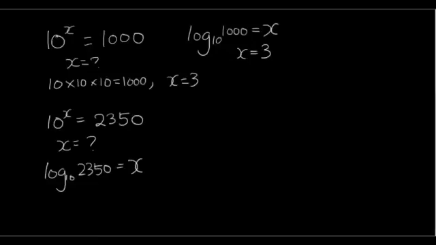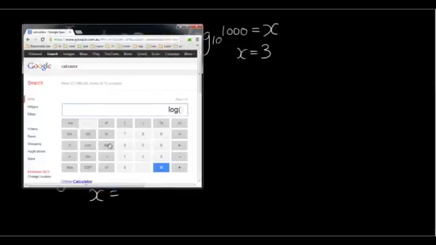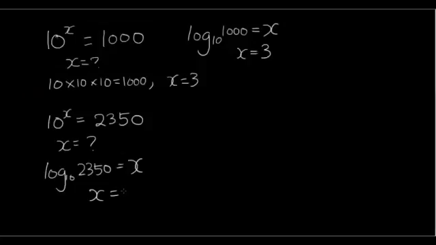So we type that in the calculator: x equals log 2350, and the answer is 3.37. So now we can solve any indicial equation where the base is 10: 10 to the power of x equals something, we can find out what x equals.